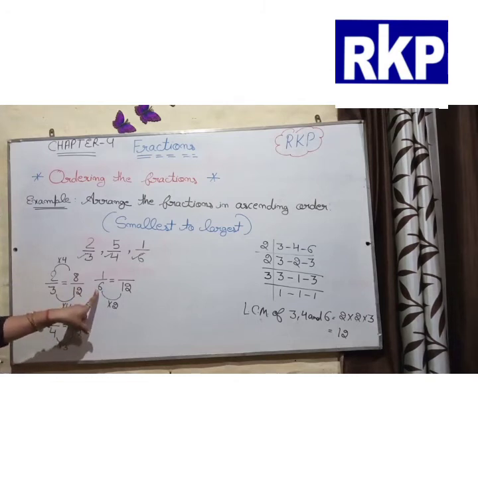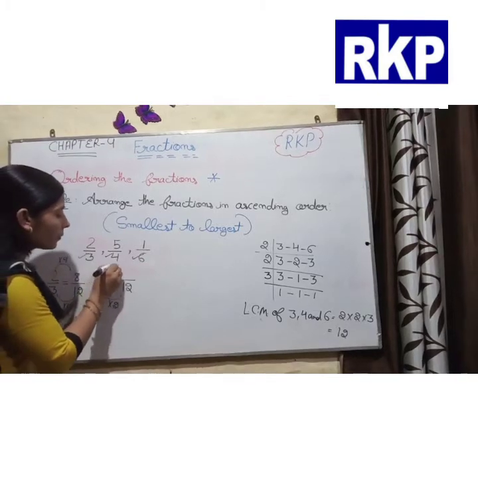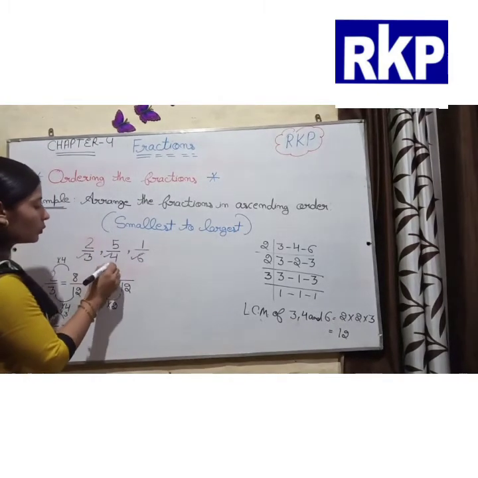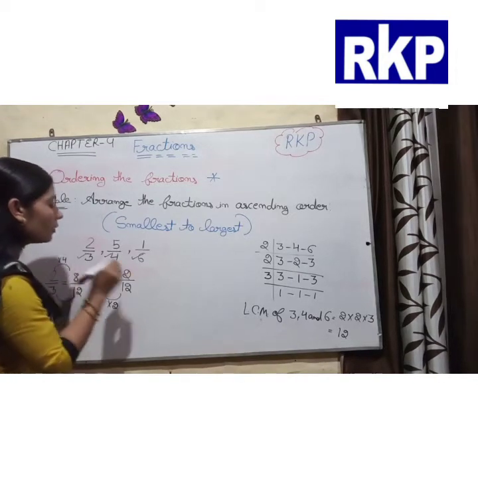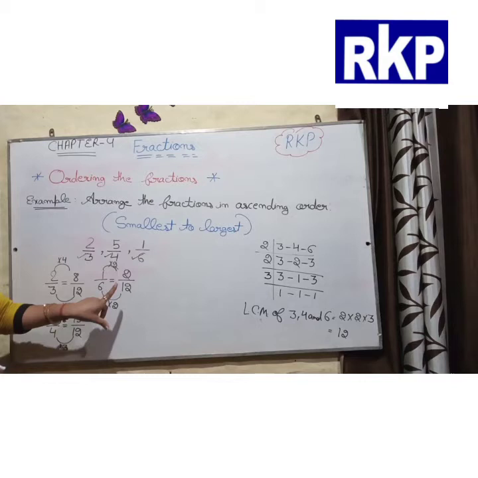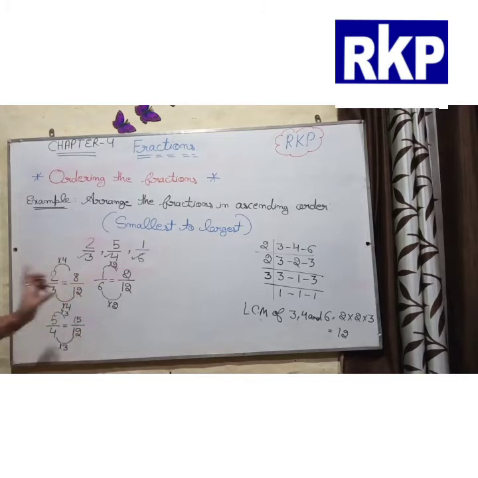If we multiply 6 by 2, we will get 12. So we have to multiply the numerator also by 2. And when we multiply 1 by 2, we will get 2. Now here 2 by 12 is an equivalent fraction of 1 by 6.